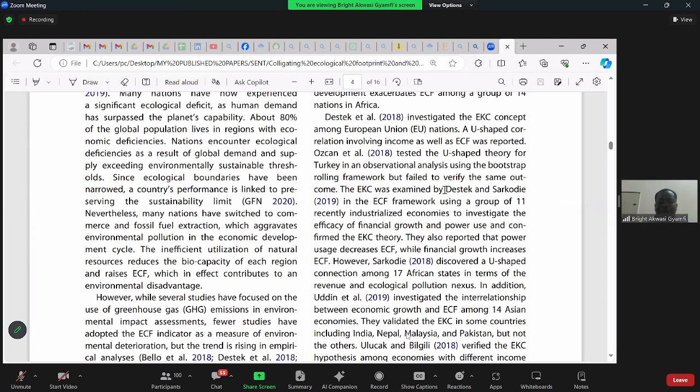But as soon as the current data comes in place, and the data, let's say, now ends in 2021, you can say that based on the previous literature, the data ended in 2015.